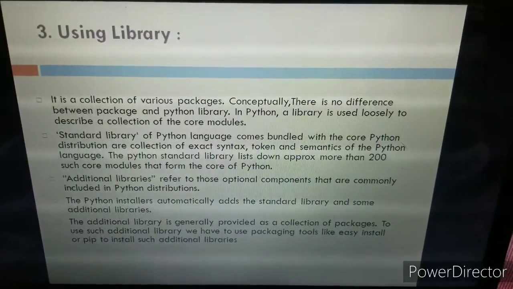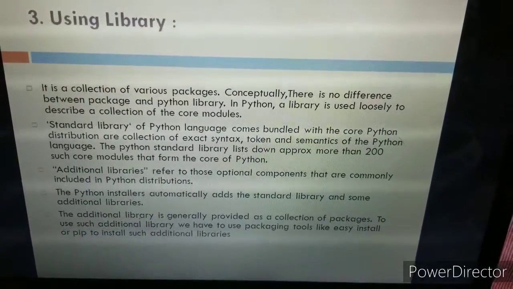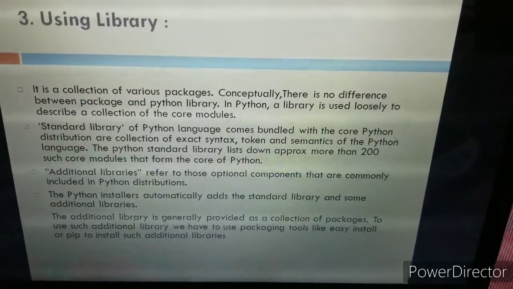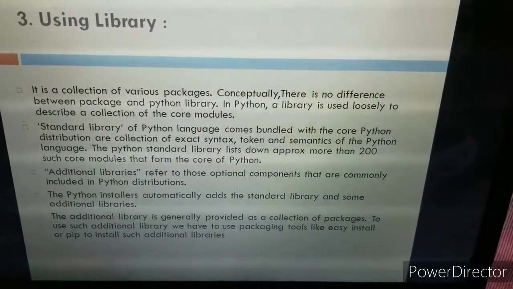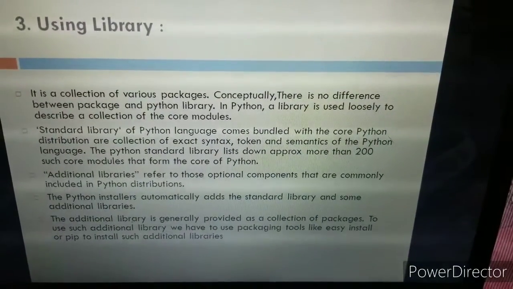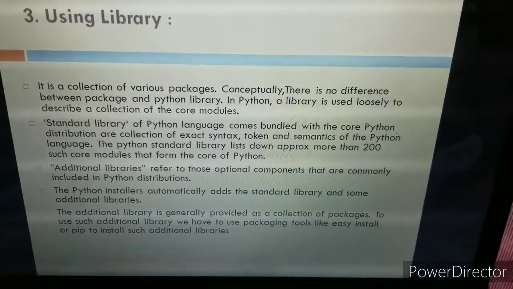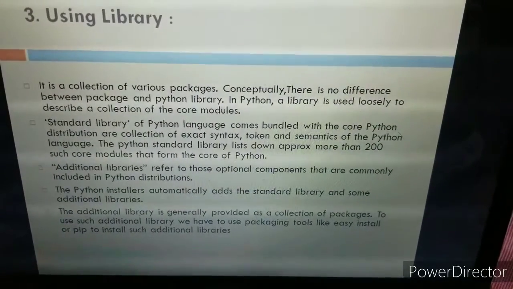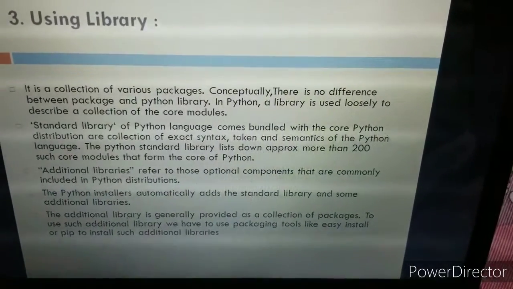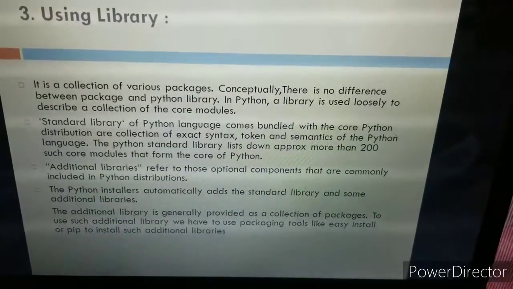Additional libraries refer to optional components that are commonly included in Python distributions. The Python installer automatically adds the standard library and some additional libraries. Means when we install Python on our system, the setup gives us the standard Python libraries automatically, and we can include the modules inside those libraries by the import command.